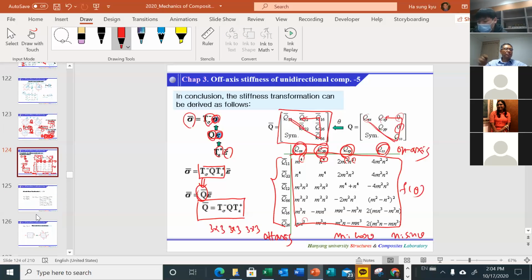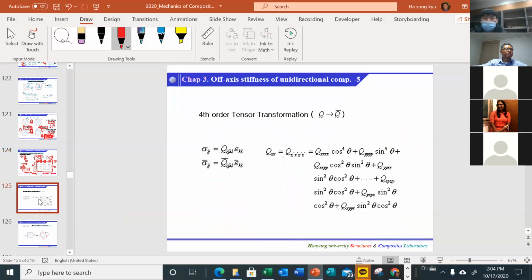Okay. So once we have this, we can directly calculate from the on-axis. This is the understanding of the fourth order tensor transformation.